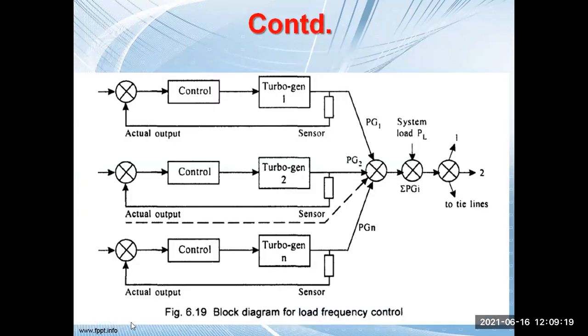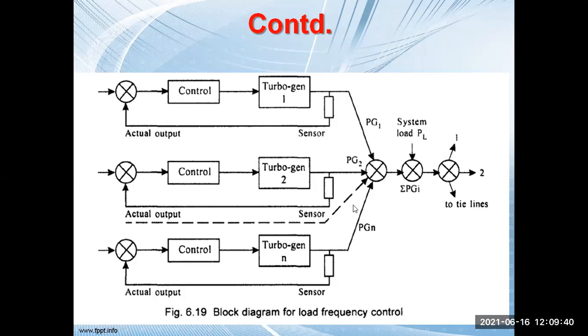We'll understand that in detail. If multiple generators are connected, this will be the block diagram of the load frequency control. This is one generator, this is another generator, this is a third generator, with outputs PG1, PG2, and so on up to PGN.